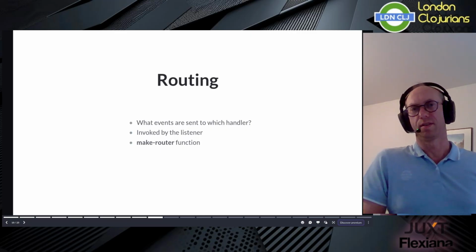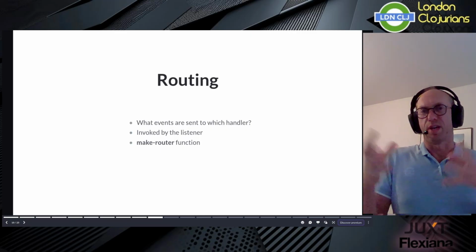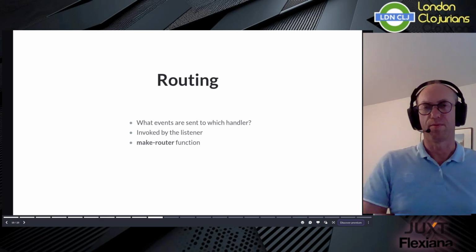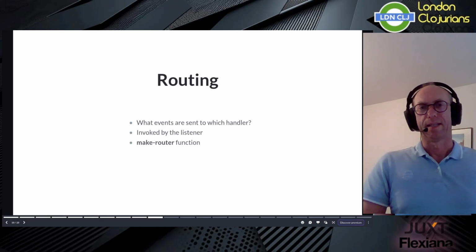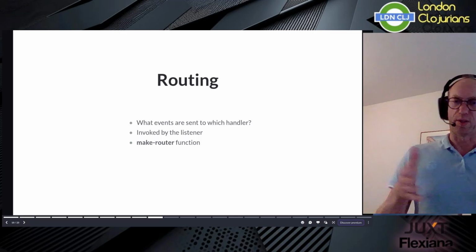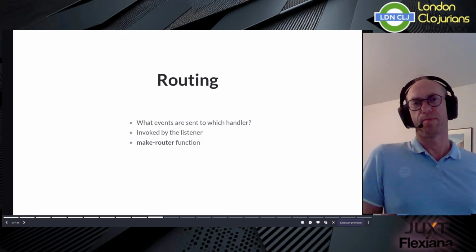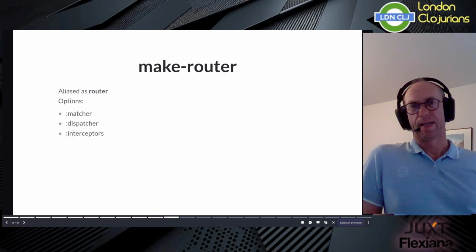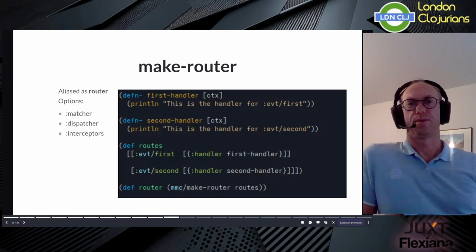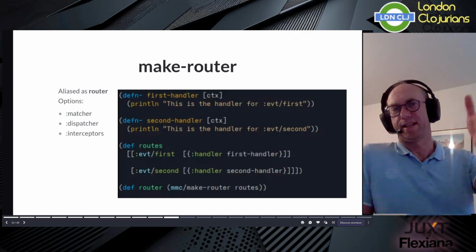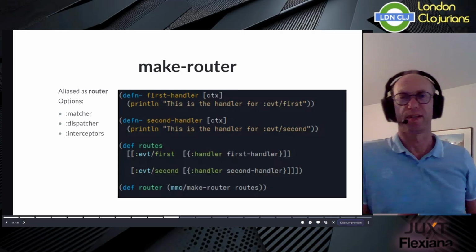So this decides which event, based on several parameters which I will elaborate on, goes to which functions. And for that, there is in the core of Mailman a make router function. So this function here, you can see in a very simple, very basic example in action.